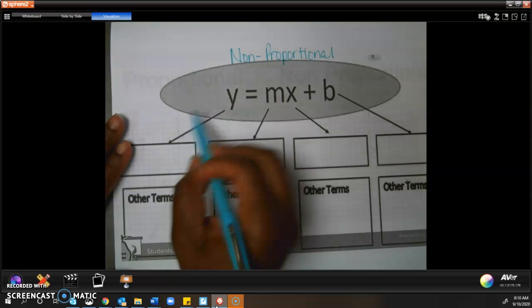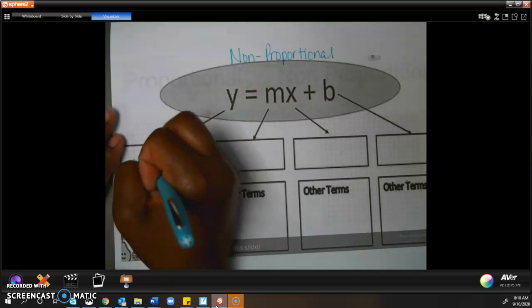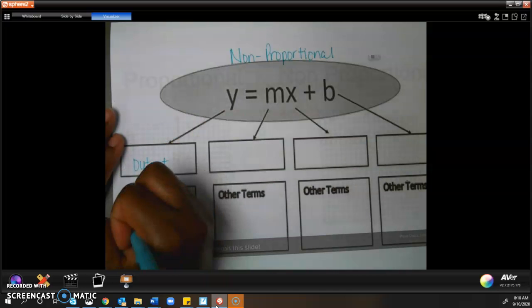So as we know before, our y is our output, which is also known as our dependent variable.